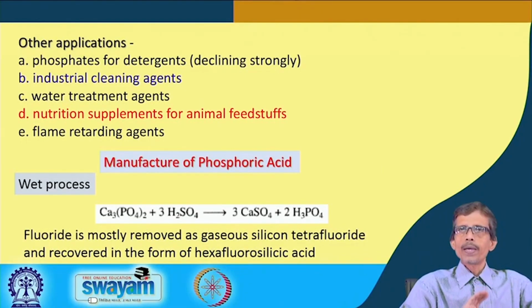Then we are making life a little bit complicated with respect to the rock sample or the mineral sample. We are now saying that we may have fluoride. As we all know, apatite is the material for our teeth or bone.